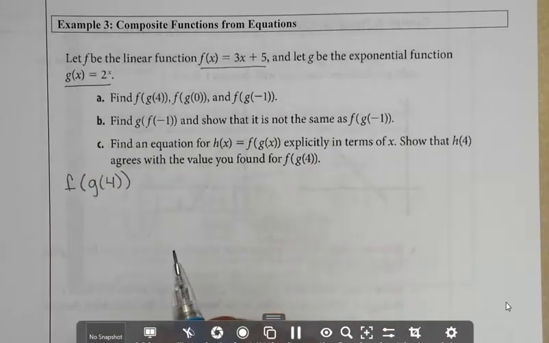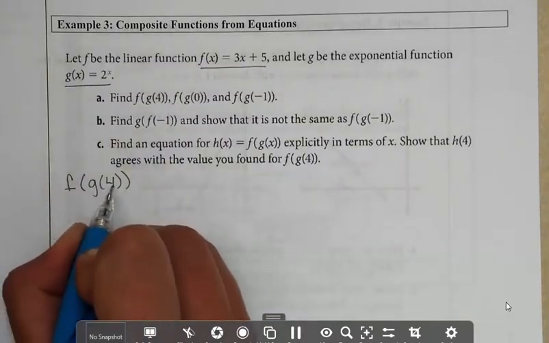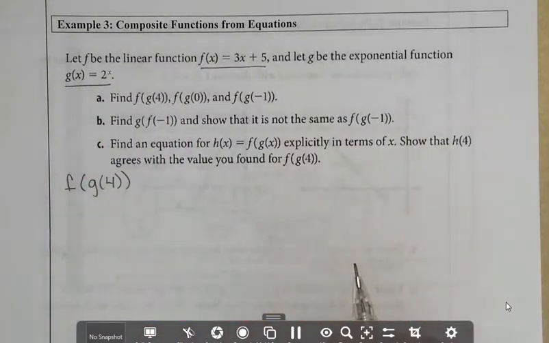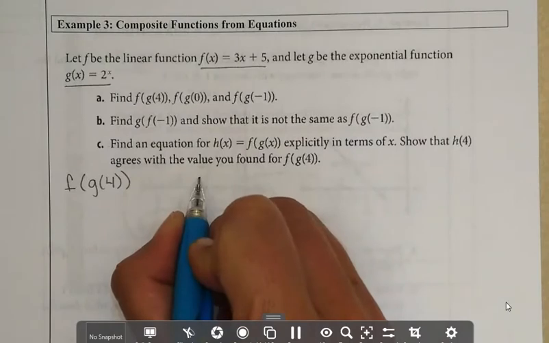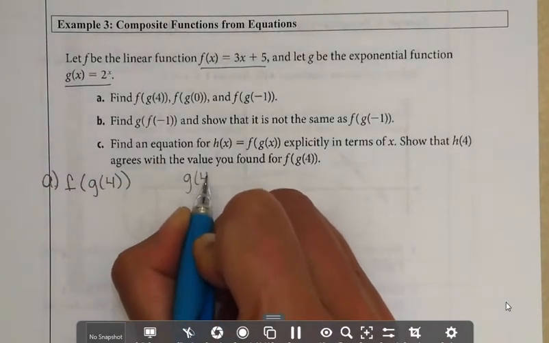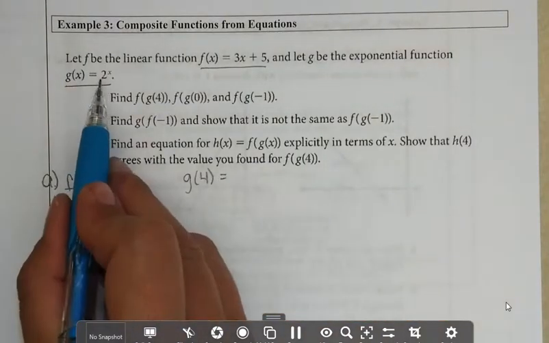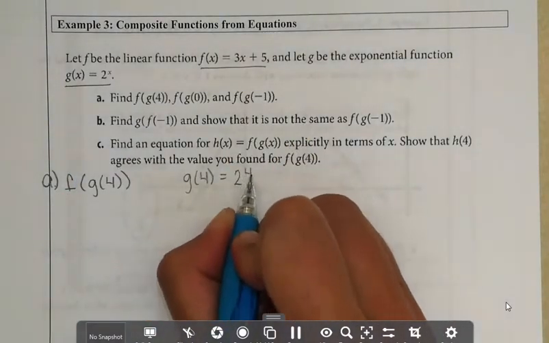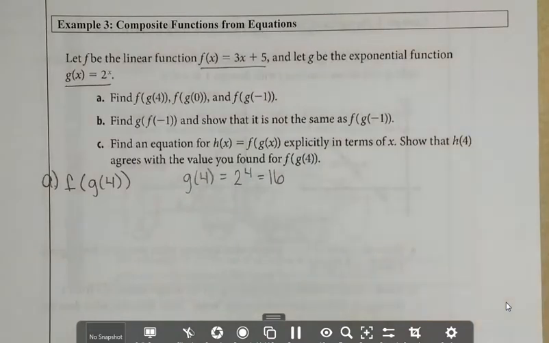So f of g of 4. Starting with that inside function, figuring out what g of 4 is might be helpful for us. I'm going to go over here to the side and figure out what g of 4 is. Well, g of 4 is going to be 2 to the 4th power, which is 16.